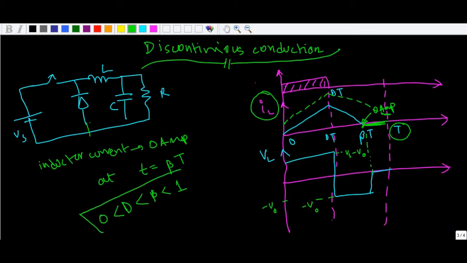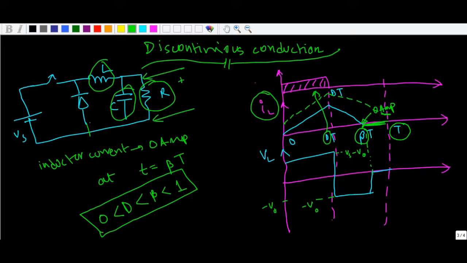This you should always remember, and you can also see it here that this is D, that is the switching duty cycle of the switch, and this is my beta, which depends on the value of the components, that is L, C and R. Now we will see what happens to the output voltage, that is this voltage, during discontinuous conduction mode.